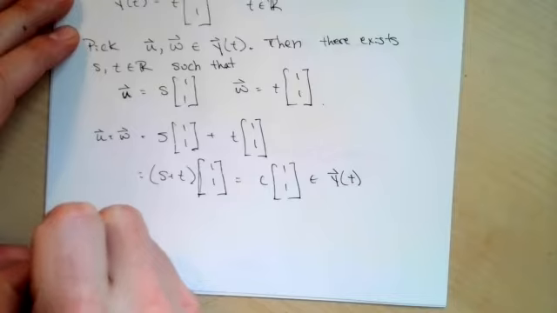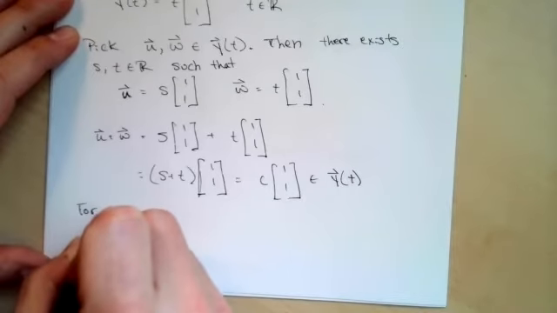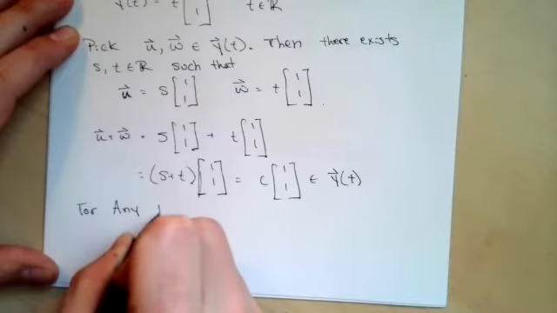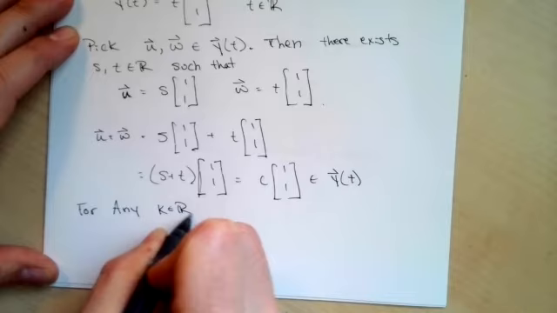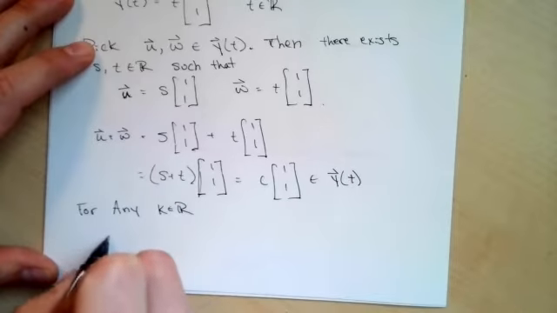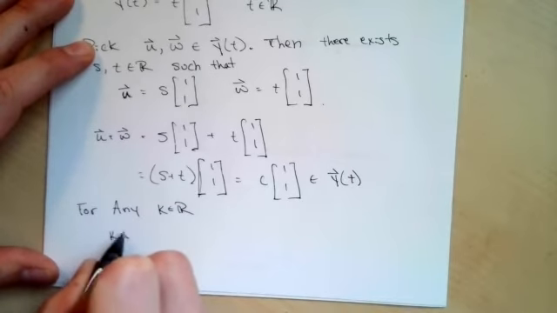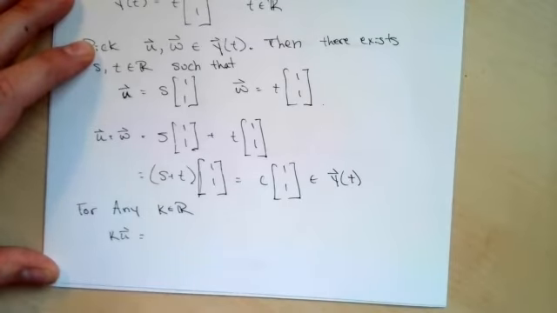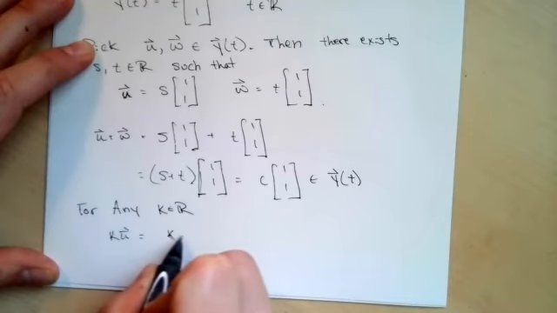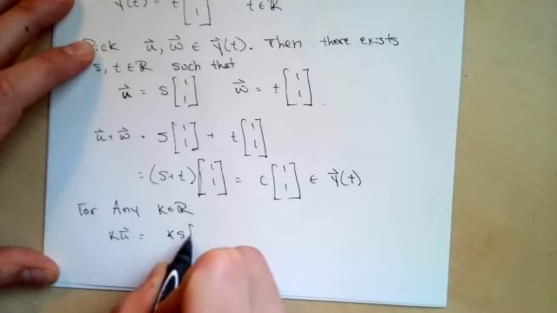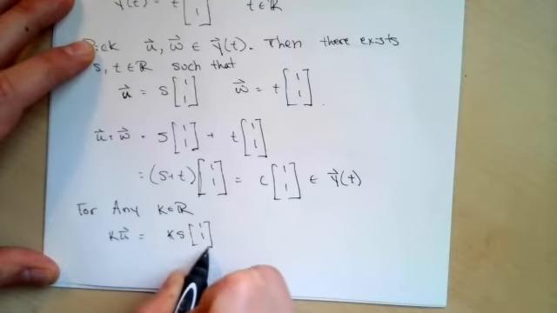Likewise, for any other constant, if we take that constant k times u, that's just going to give us k times s times (1, 1).